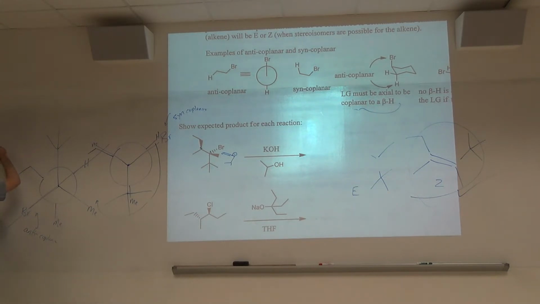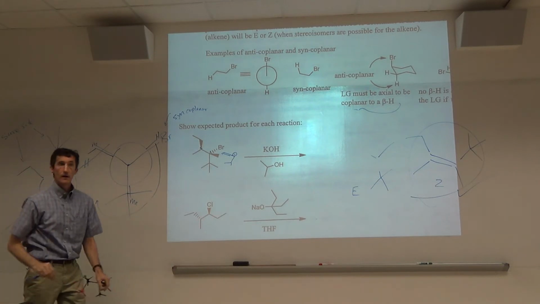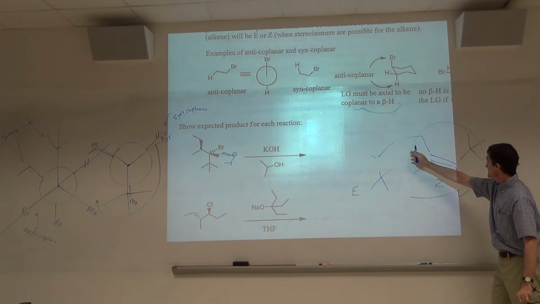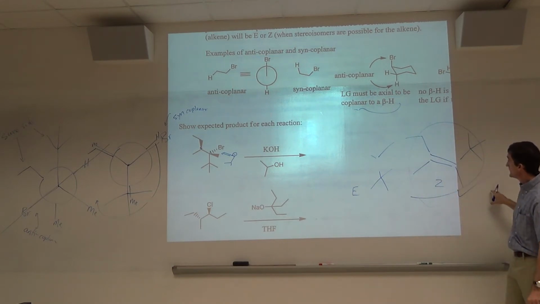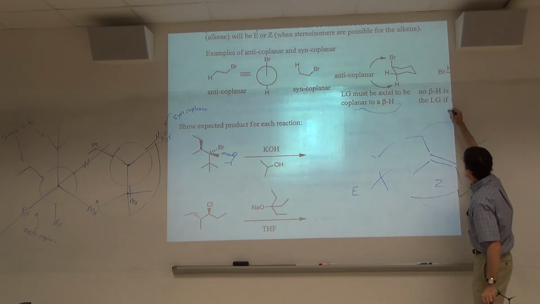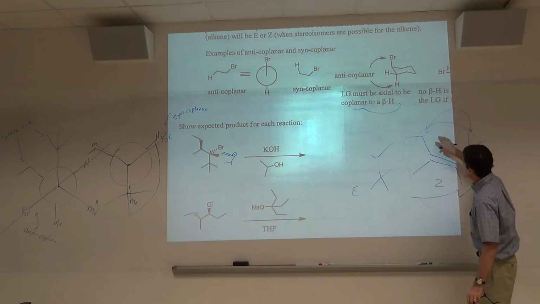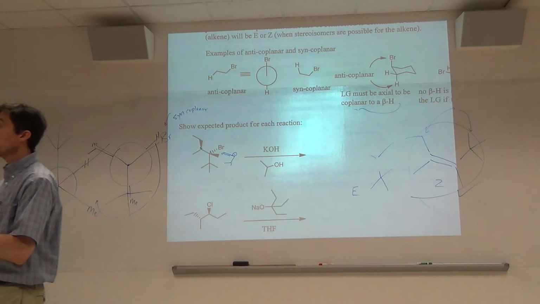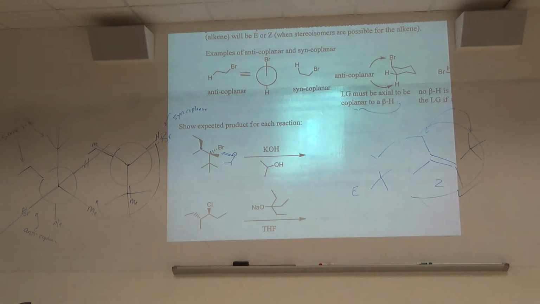But what do we see? The T-butyl and the ethyl are on the same side of the plane. When it eliminates, T-butyl and ethyl, here's your plane here. That's what you get. Because it's all governed based on the requirement of the H and the Br being highly preferred to be anticoplanar. So that thing rotates and then it puts in the double bond.